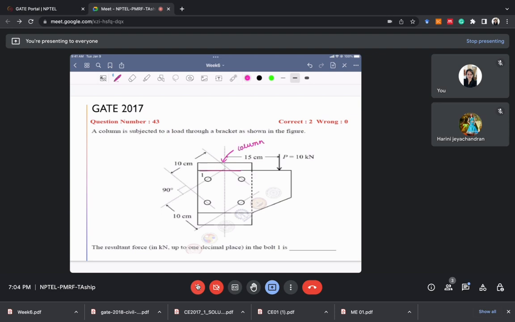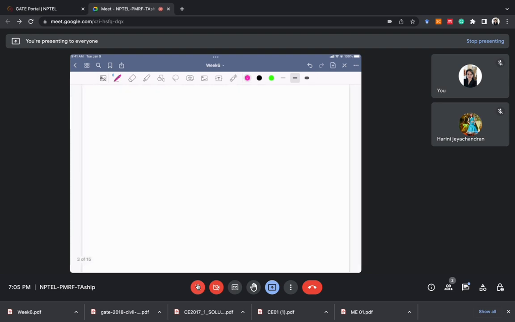This bracket or this kind of plate is attached to the column using these 4 bolts. If you want to see it more clearly, I can draw it in 3D. I'll try to draw it.